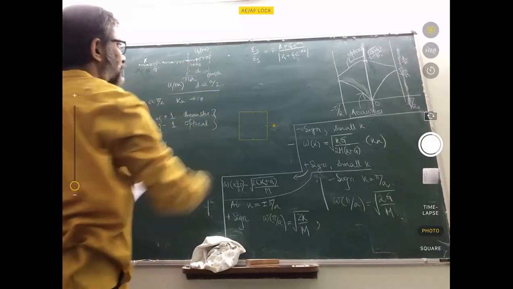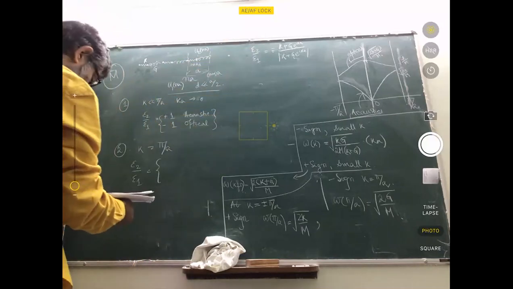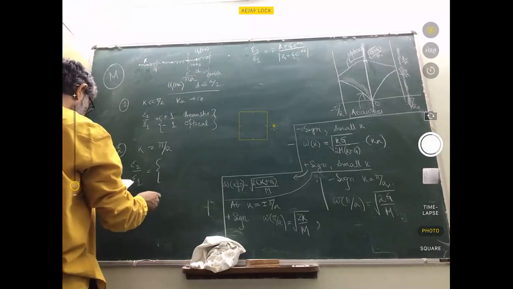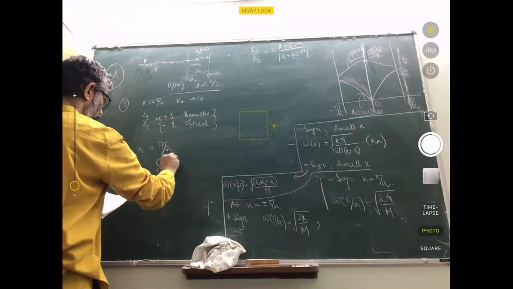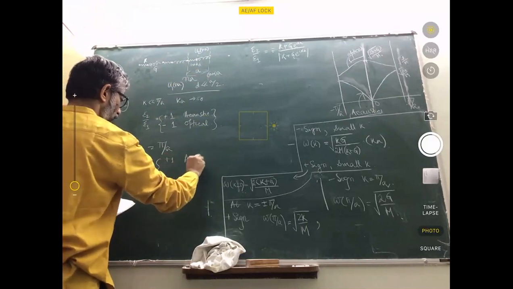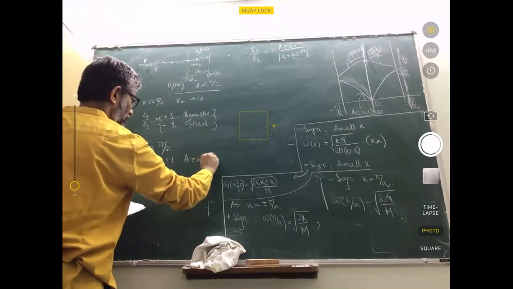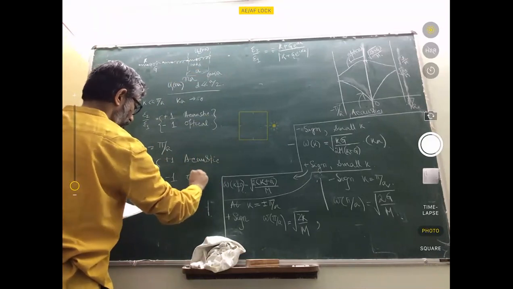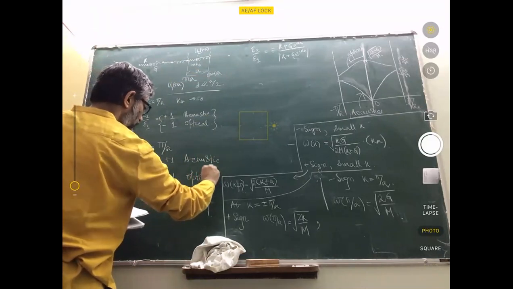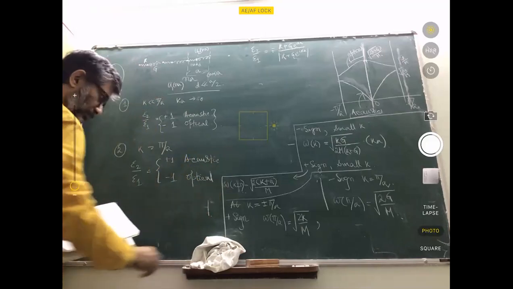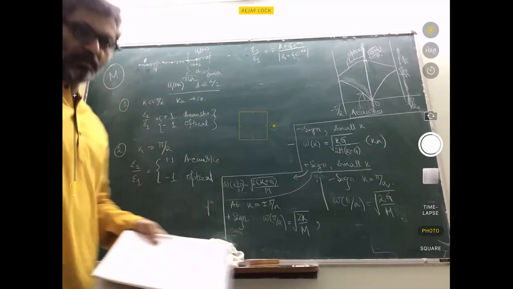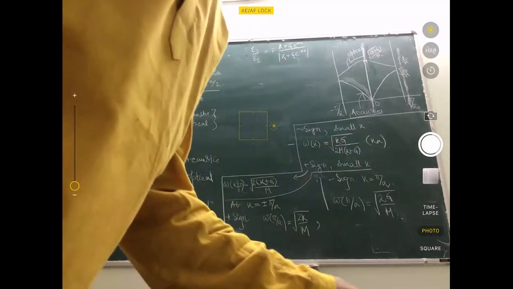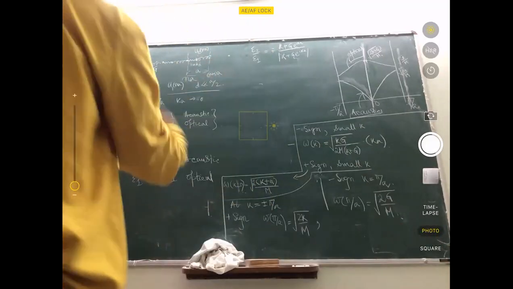In that expression, again, you can put ka equal to pi, and you will again get +1 for the acoustic and -1 for the optical. Now, this is fine. What does this tell us and what do we understand from this? What we can understand from this is how these atoms move.